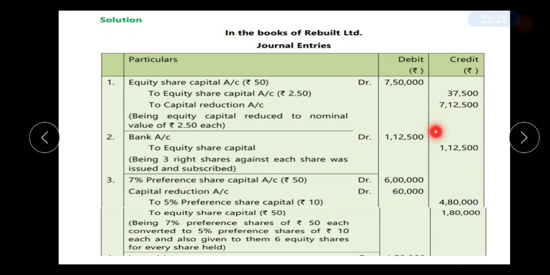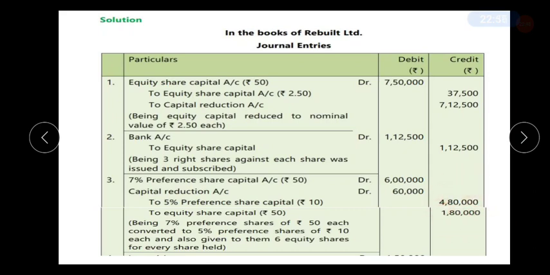You can use this balance to settle the amount supposed to be received from preference shareholders, because they are giving up the old preference shares of 6 lakh, and in the place of that they are being issued new equity shares and preference shares. They need not pay for it.